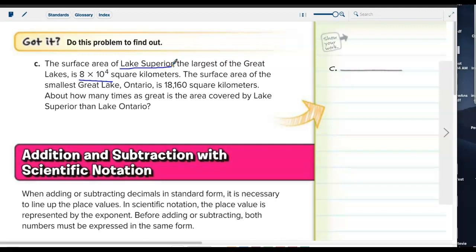The smallest Great Lake, Ontario, is 18,160 square kilometers. Good. Okay, what else do we need to know? Daniel, what's our question? Okay, so about, and that means what? We're going to estimate, and we need to know how many times great is the area covered by Lake Superior than Lake Ontario.